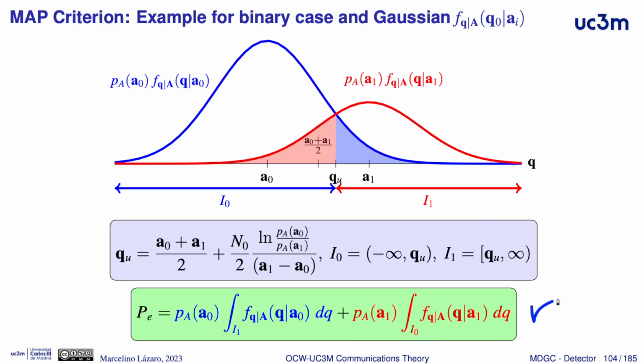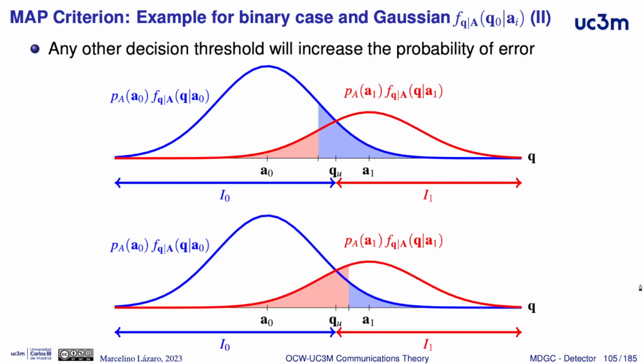To understand the probability of error as the addition of these two areas, the area in blue and the area in red, it is convenient to remark that this is the detector with the lowest possible probability of error.